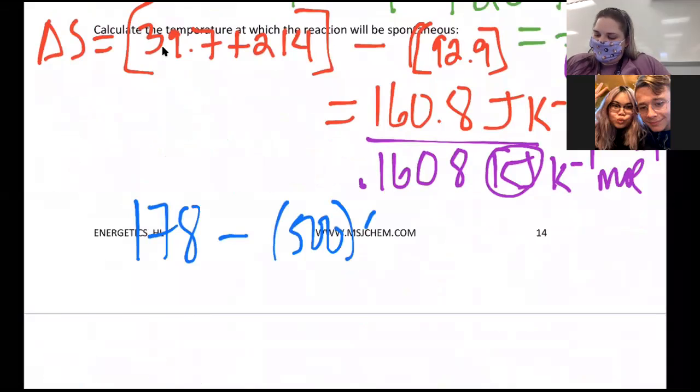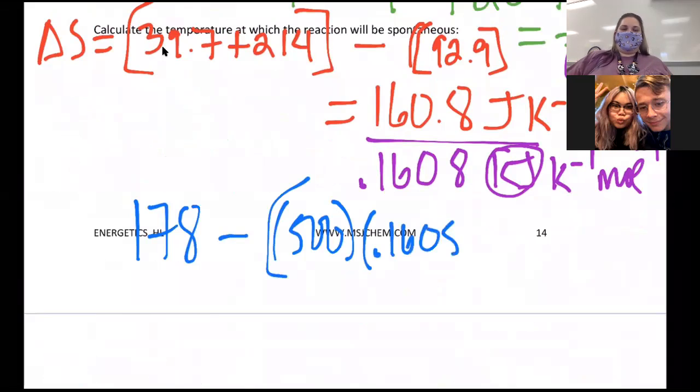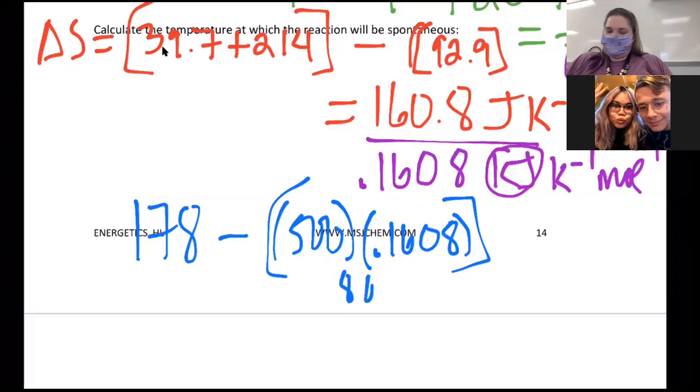this 0.1608. So I'm going to multiply 500 times 0.1608 and then do 178 minus that number. Let's see, 500 times 0.1608. So that's 80.4. When I multiply that, I get 80.4.